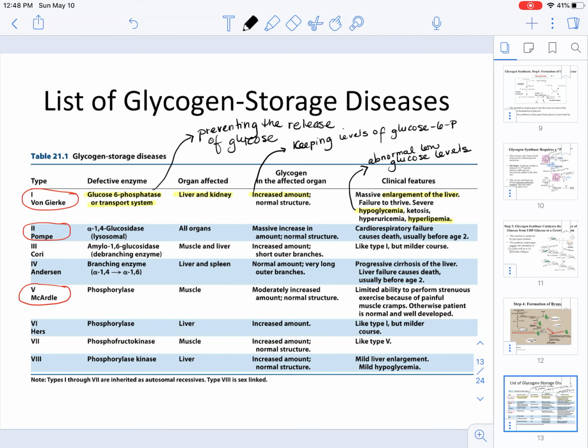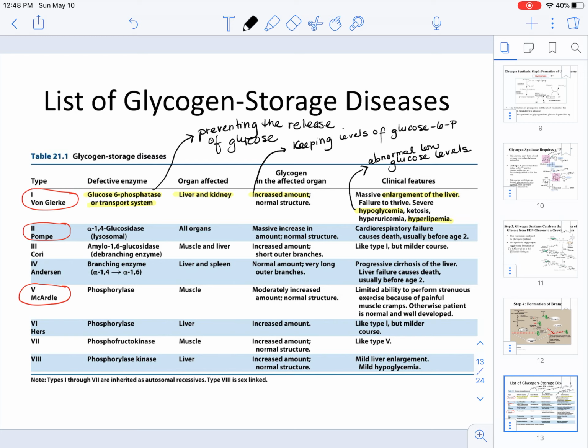Now, if we think about it, remember that if we have a defect in the glucose 6-phosphatase, now your glucose cannot be released into the bloodstream to be processed through glycolysis. And that's why we have low glucose levels, because again, the phosphatase is not able to dephosphorylate your glucose 6-phosphate. So it leads to making more glycogen, and you don't have a lot of release of the glucose molecule into the bloodstream.